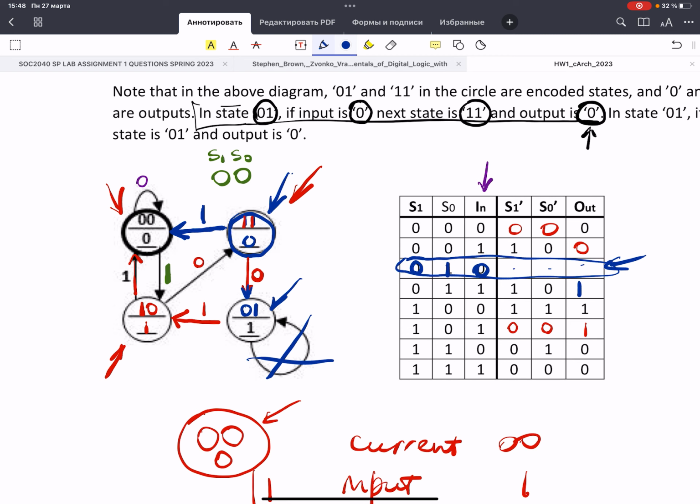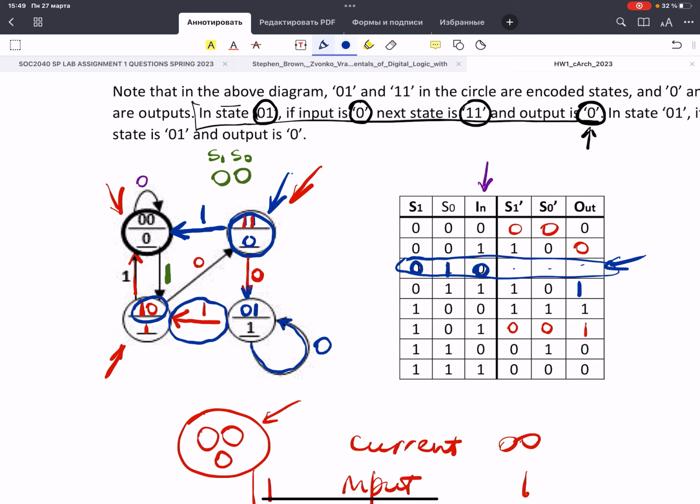We would be able to say it is the 1 1 state, or the 1 0 state, or the 0 0 state. But our life is now easy because we already have one arrow. Now we just have to write the value of the input. Only input 0 is left, because we already identified that if input 1 is given, the next state is going to be 1 0. So I'm just writing 0 here.